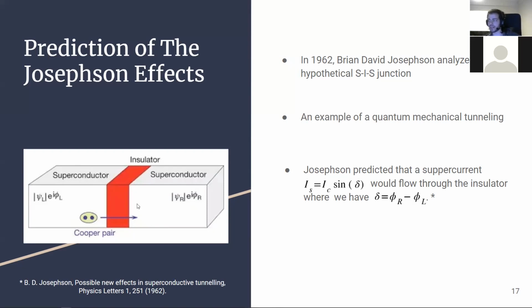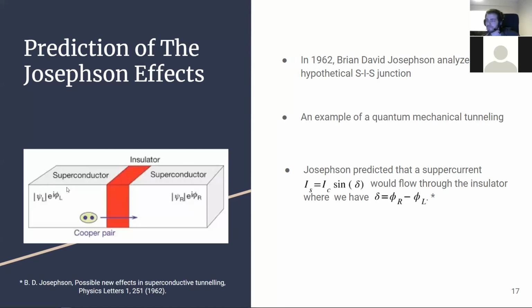And Josephson predicted a supercurrent, which means that the charge of the current is carried by Cooper pairs, flowing through the junction as given by this equation. Here, this delta represents the phase difference of these two superconductors. Here, these are the Landau parameters that we have introduced.